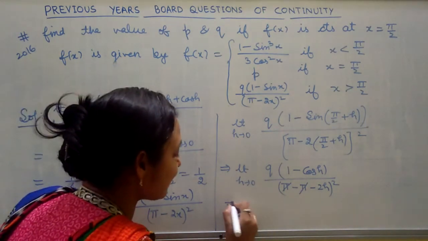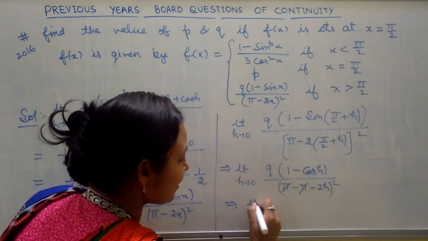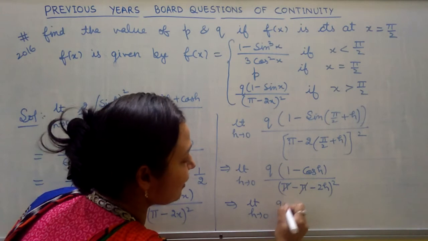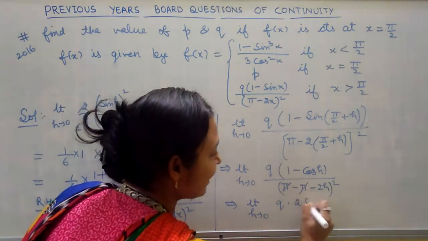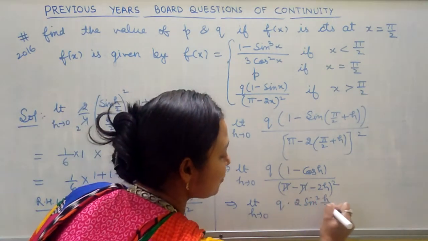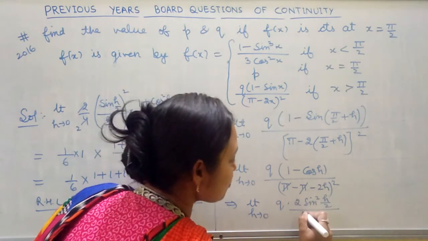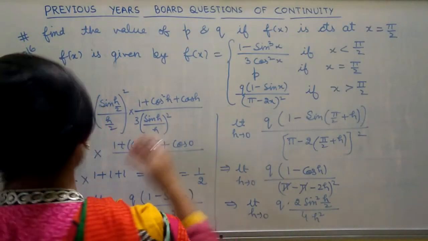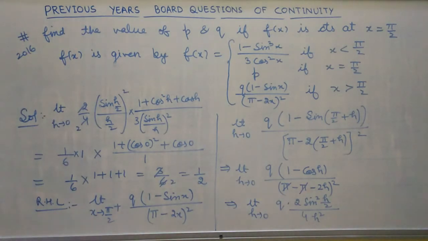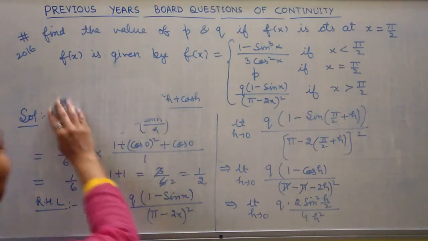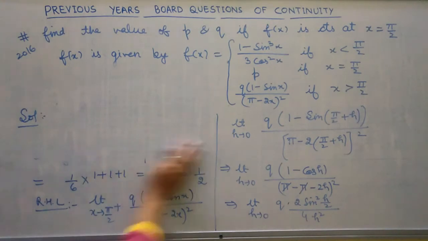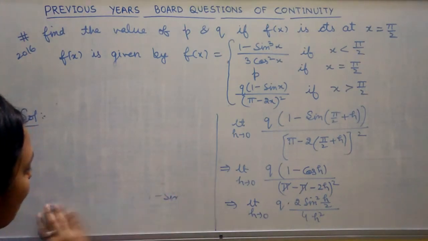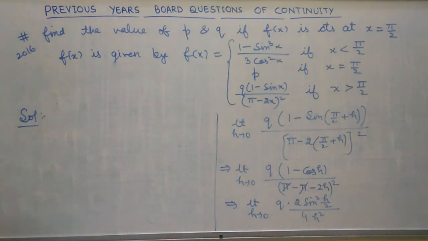Okay, what is the next step? You have to change the formula: 2 sine square h by 2 upon 2 to the 4 h square. Okay, and because the left hand limit comes 1 by 2, the left hand limit comes at 1 by 2.